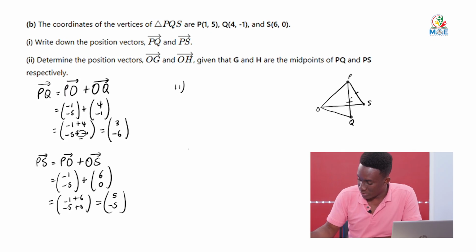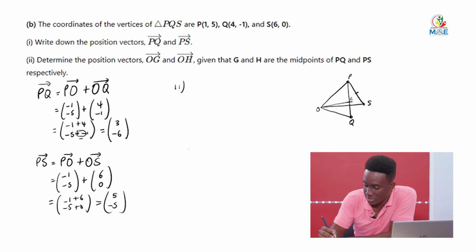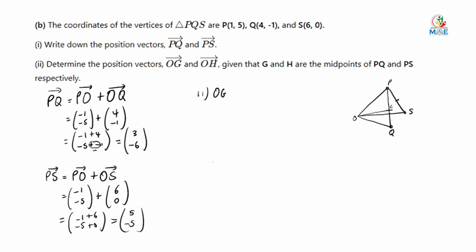Using the diagram, in order to get OG, we can move from O to P plus P to G. We found OP would be (1, 5) plus PG, and we know PG is halfway of PQ.